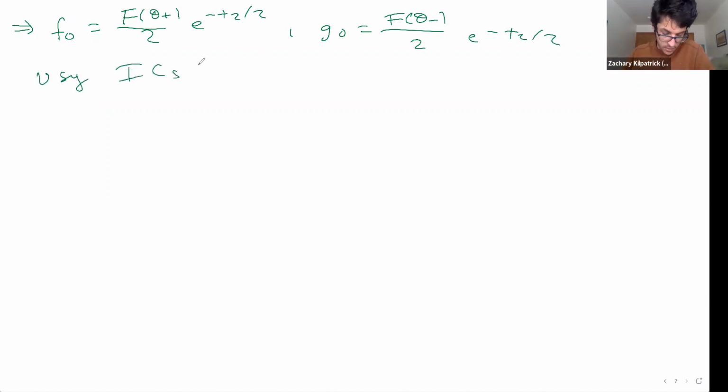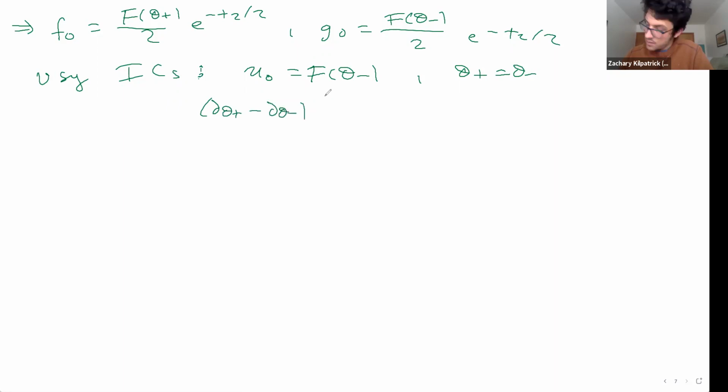This uses the initial conditions that say that u of 0 should equal F of theta minus for theta plus equals theta minus, and also that d theta plus minus d theta minus u0 is equal to 0, where theta plus equals theta minus and T2 is equal to 0.